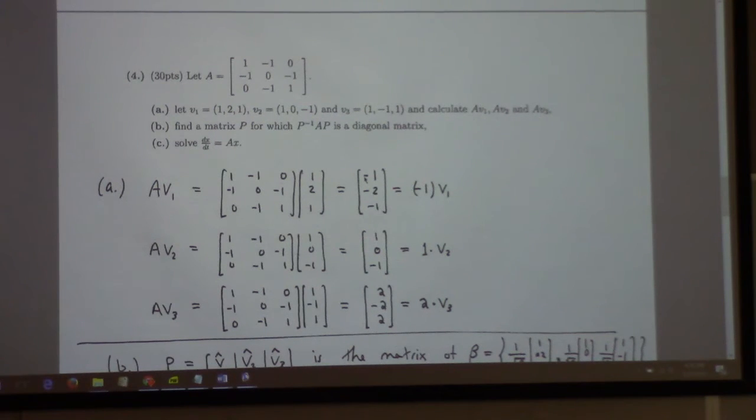Let's see here. Look at this matrix. This is symmetric, right? So our theorem was that, well, that's a good question. I guess the theorem was that there exists an orthonormal eigenbasis if and only if A is symmetric. So A is symmetric.